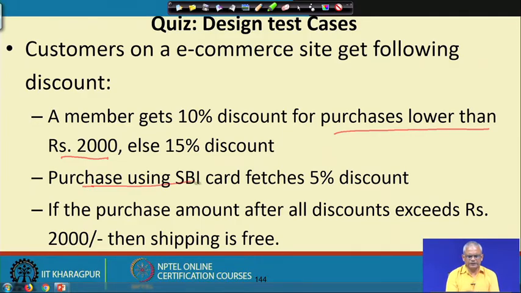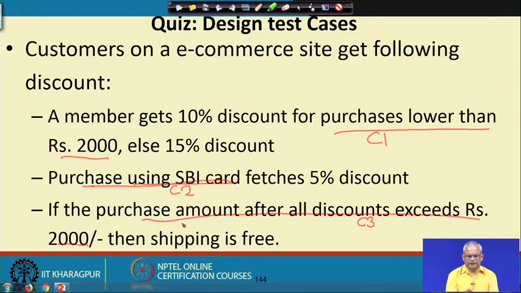Whether payment is made using SBI card, this is another condition. Let me also write down the conditions C1 and C2, and this fetches an additional 5% discount. And the third condition is that the purchase amount after all discount exceeds 2000.